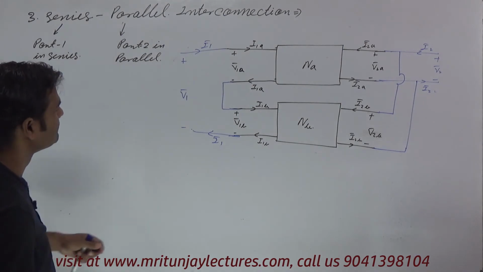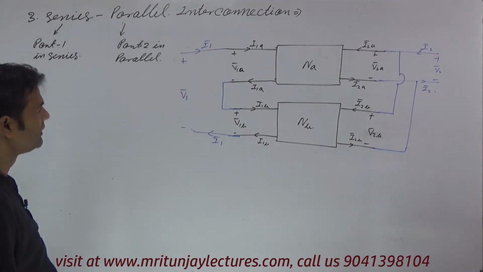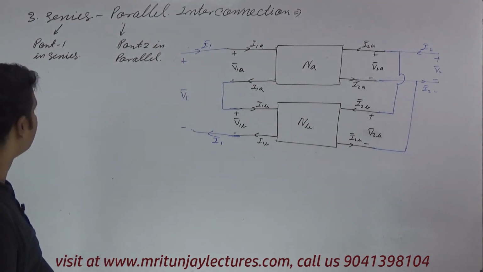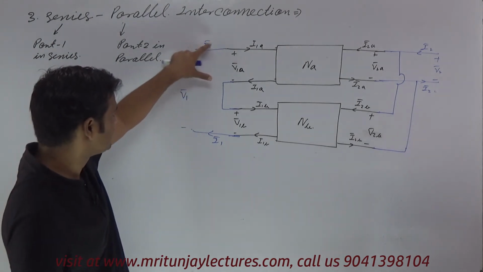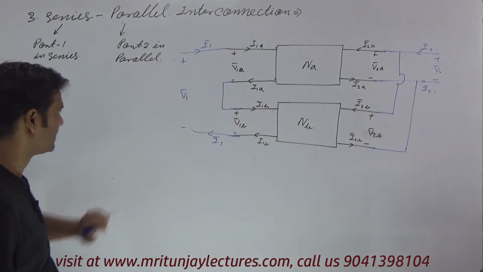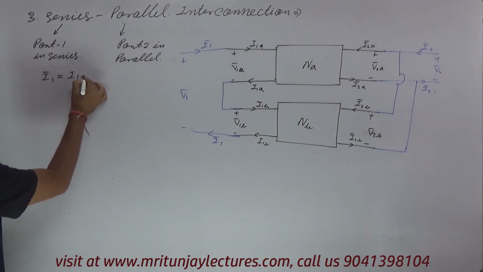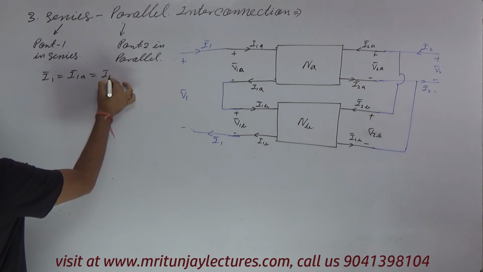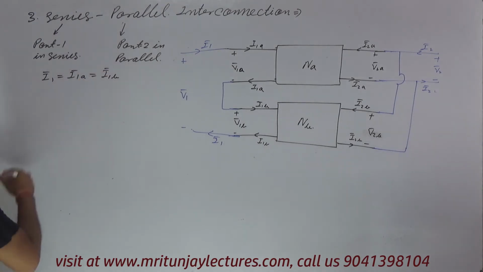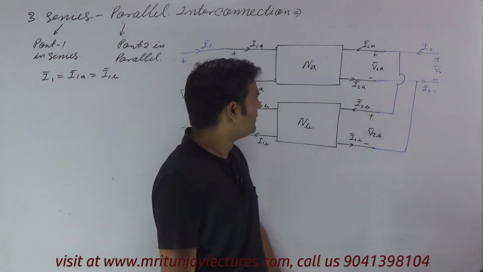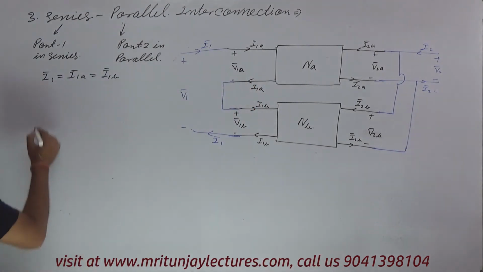Now port 1 is in series, that's why these currents are the same. I1 is equal to I1A, this is equal to I1B. Clear? And what about voltage?